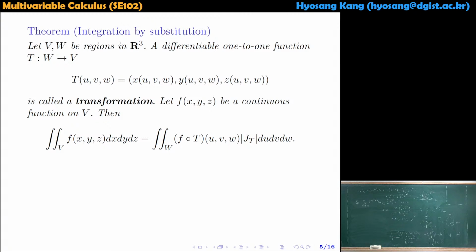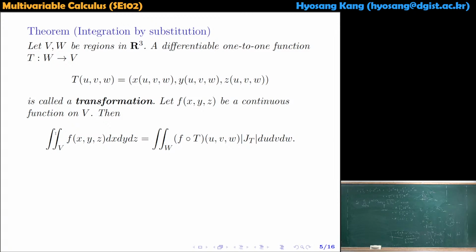Let's say we have V and W be regions in 3-dimensional space, and T, which is a differentiable one-to-one map, called a transformation. Now again, V and W are 3-dimensional regions, so we need 3 variables to identify the coordinates of a point inside V.